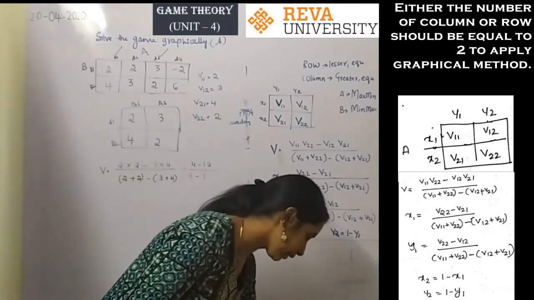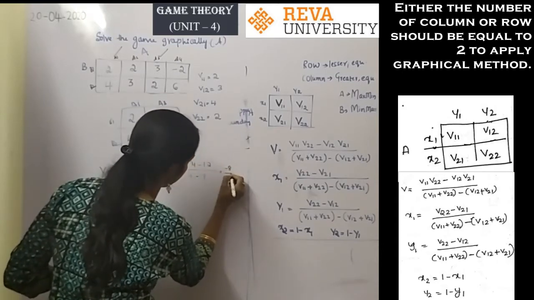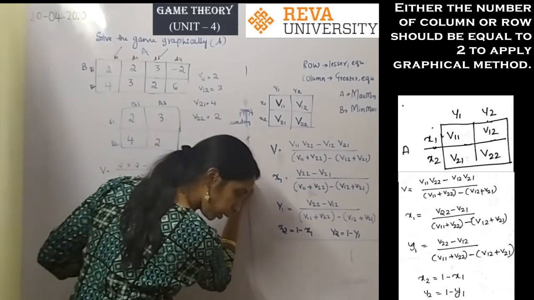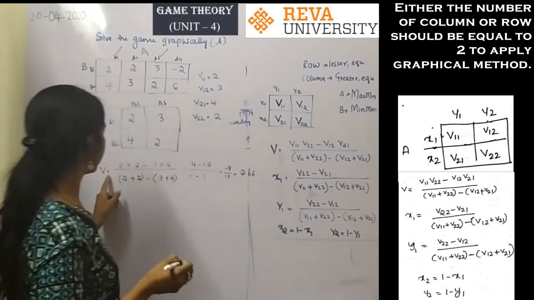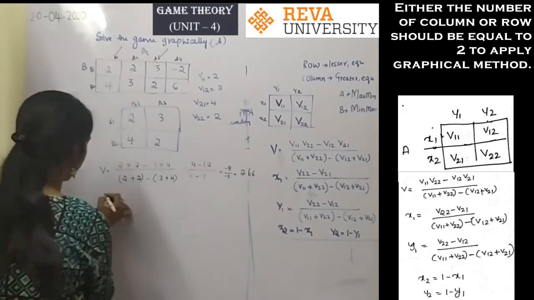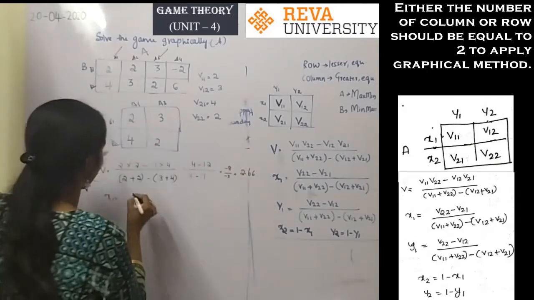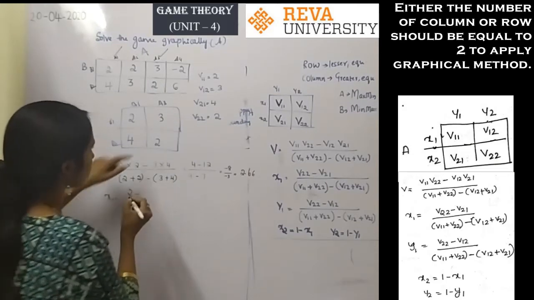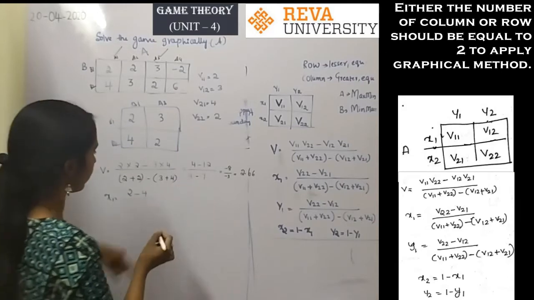So you will get minus 8 by minus 3, which is equal to 2.66. This is the value of the game. Then you find out x1. x1 is equal to (V22 minus V21) divided by this value itself.